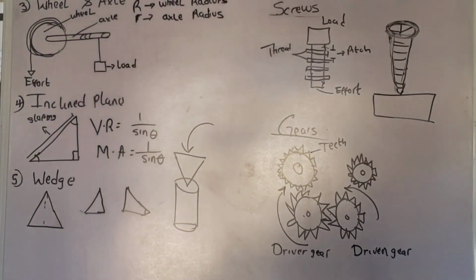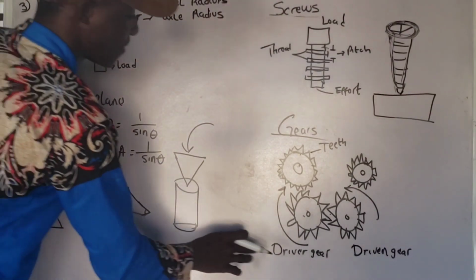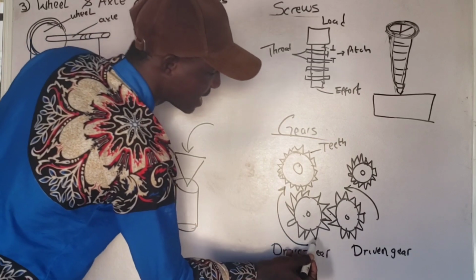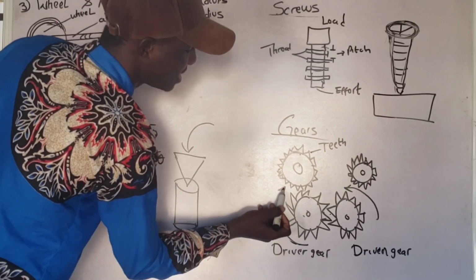Please just pay attention to the explanation. This is the driver gear and this is the driven gear. Let's say the driver gear is rotating in this direction.